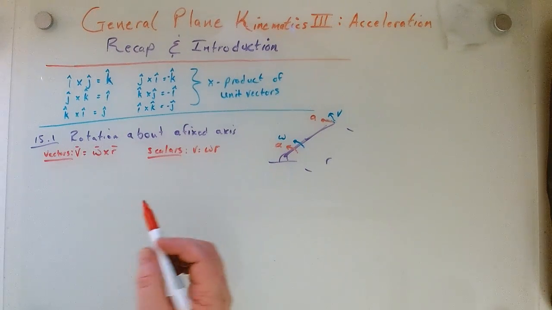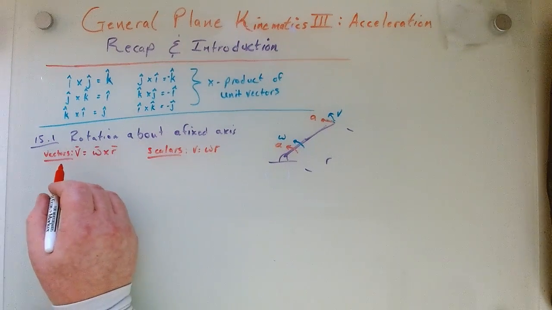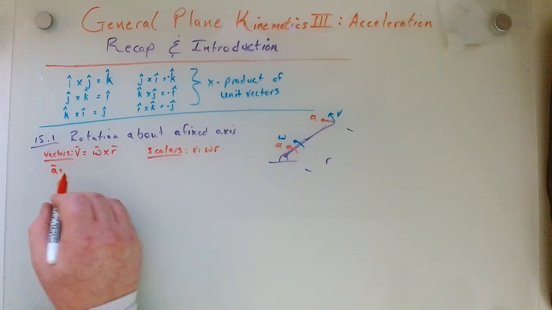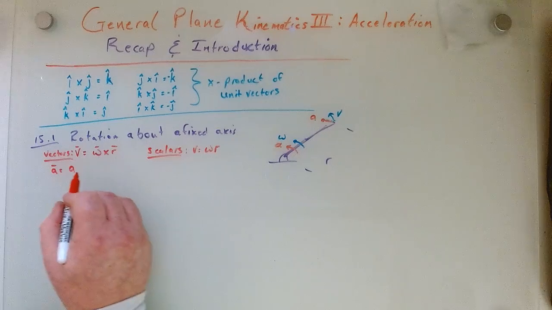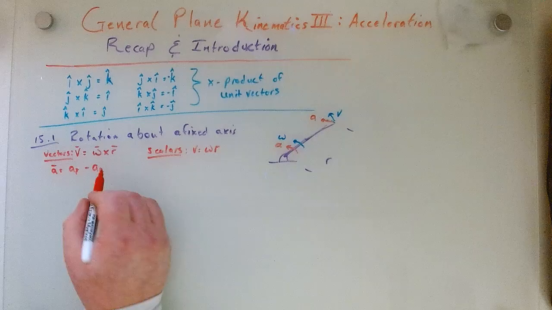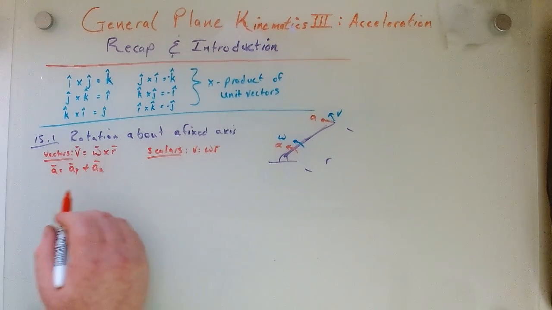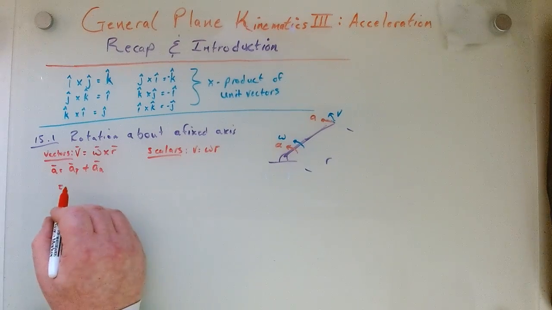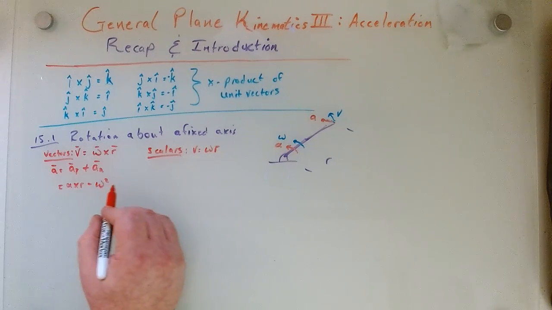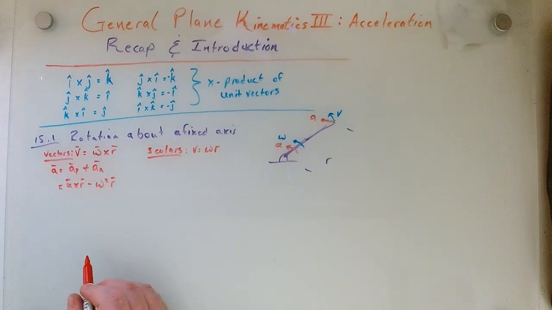And if we're in a plane, then it makes total sense, because then these are all directional. And so a is equal to a sub t minus a sub n. Now this is actually plus, but it becomes alpha cross r minus omega squared times r. And these are the vectors.